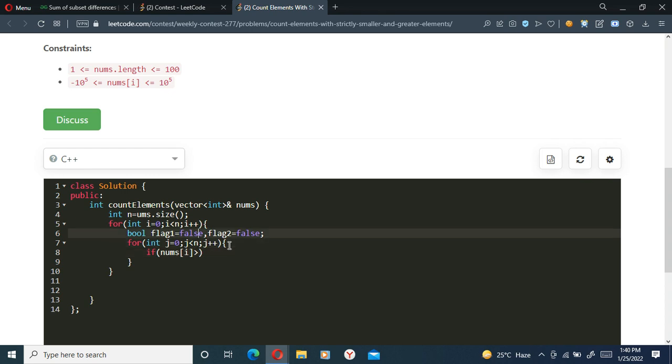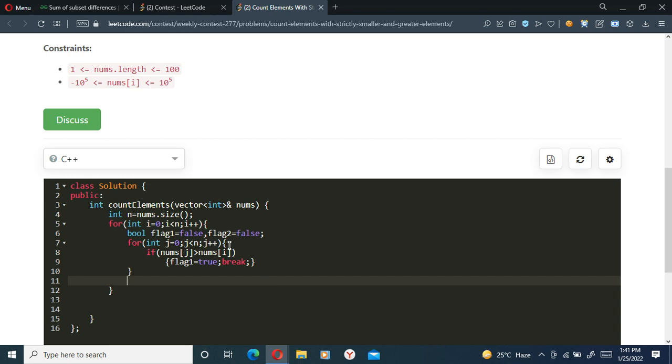If the nums of j is greater than nums of i, then there is a possibility. So I'll just say flag 1 is equal to true, right? I'll just say this and break out of the loop. Yes, it could be done. Just break out of the loop.